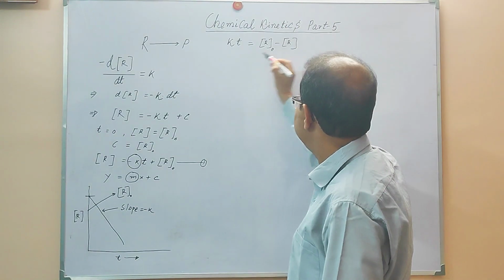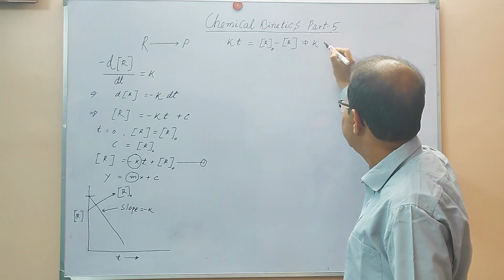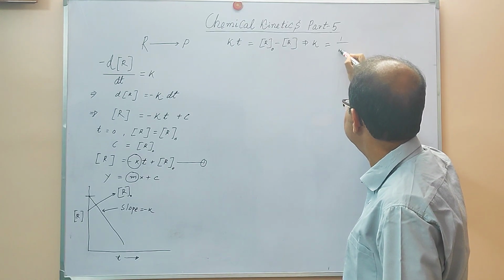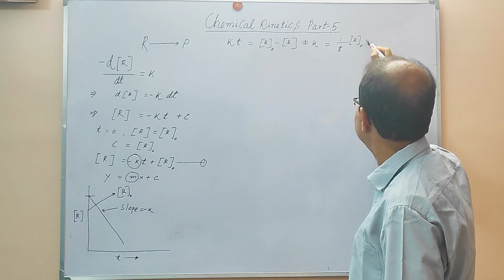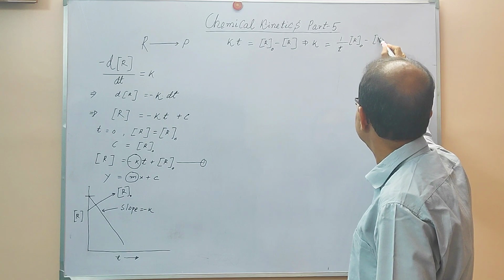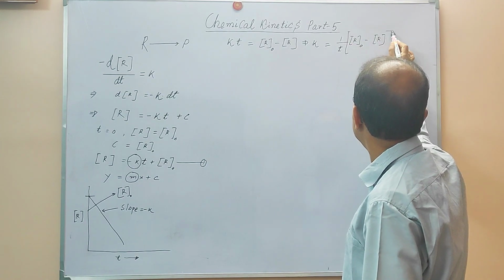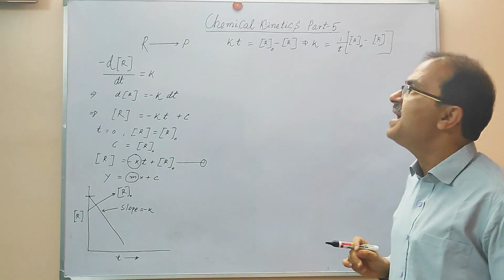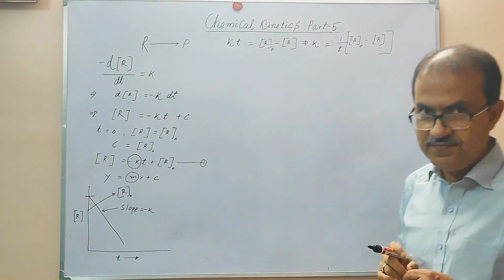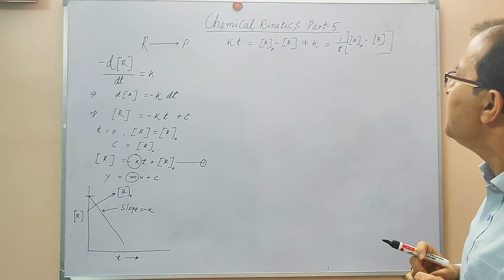So this rate constant will be K is 1 by t, initial concentration of reactant R0 minus R. So this is the rate constant for the zero order reaction. Okay, I think that is understood clearly.